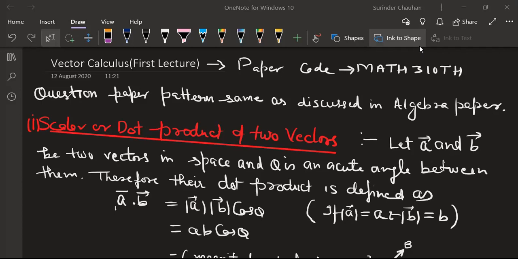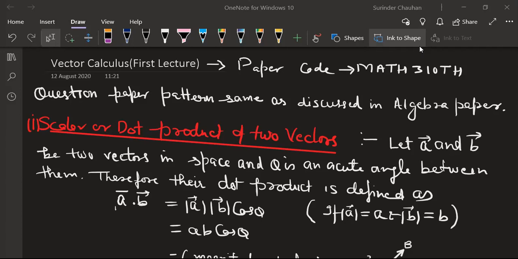So before we go to the main topic, let us discuss what we have read about vectors in our previous class. In the previous class, we learned how to add vectors, how to multiply vectors, and how to multiply a vector by some scalar.